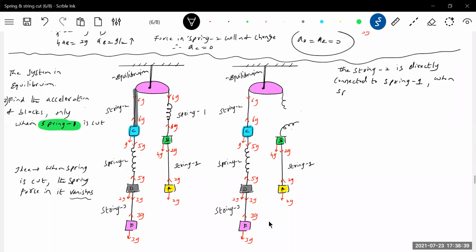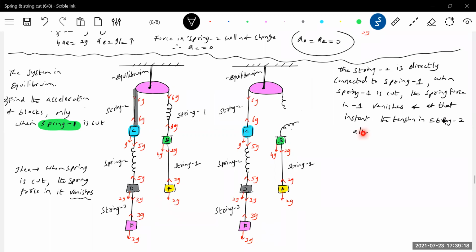When spring 1 is cut, the spring force in 1 vanishes, and at that instant the tension in string 2 will become 0.